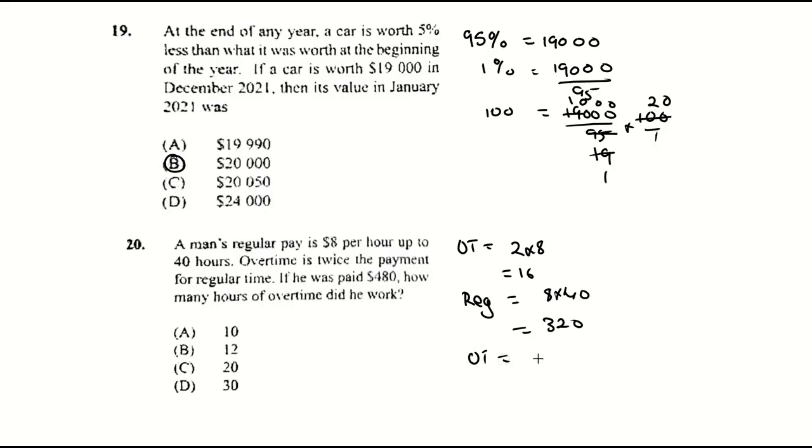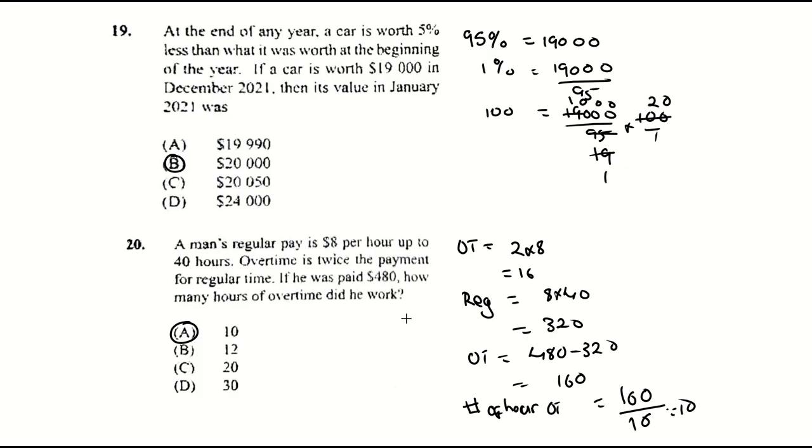So his overtime wage is 480 minus 320, which is 160. Right? So the number of hours of overtime is 160, that's how much overtime he's earning, divided by 16, which is equal to 10. So 10 hours of overtime would be the answer.